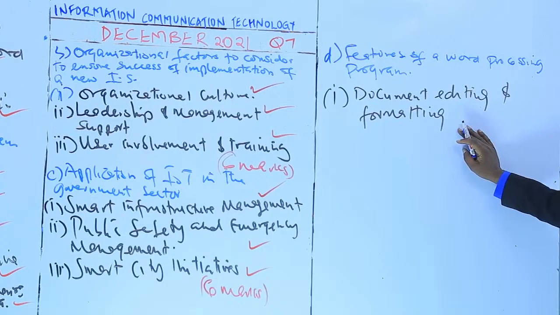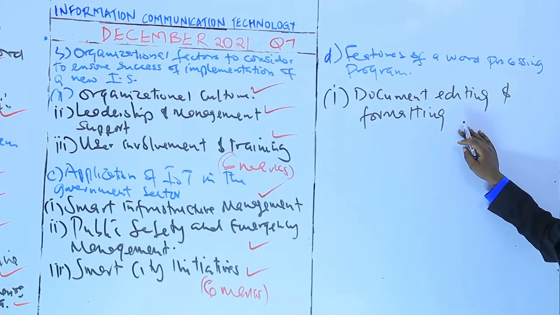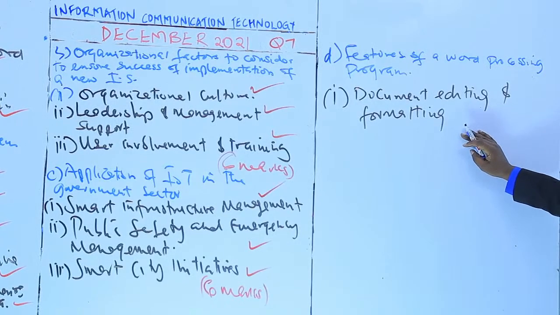They can also add headings into a document, bullet points. The program can also help have numbered lists. So these are features that provide flexibility and control over the appearance and layout of a document. So document editing and formatting is one feature of a word processing program.